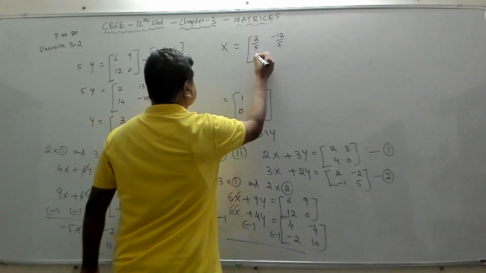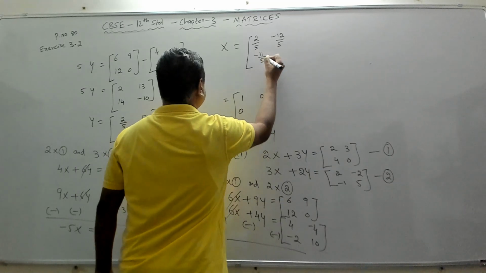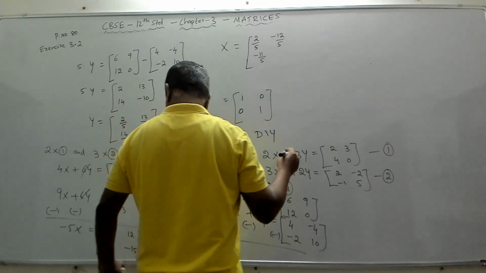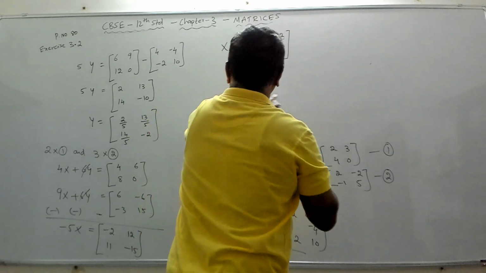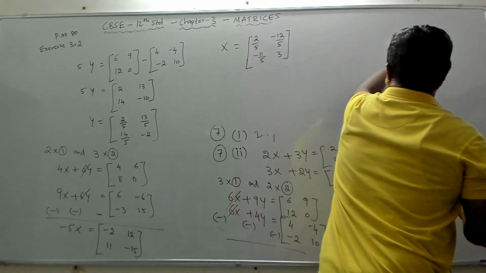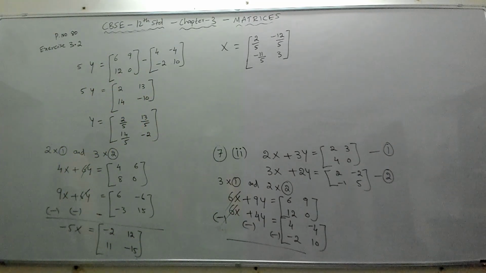So it will become minus 11 by 5 and this will become 3. So that is how we get our X. Fine. So we have found X and Y. Clear? So that's how we do the 7th one.